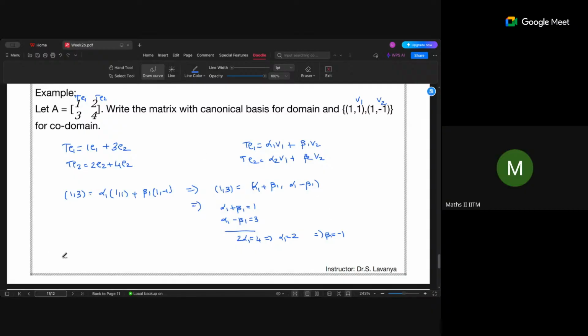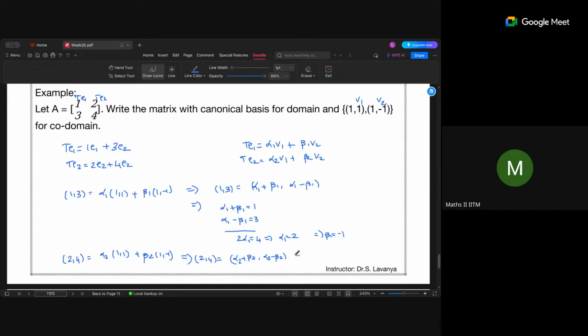Now the same way, how do you compute alpha 2 and beta 2? T(E2) is now (2,4). So (2,4) is alpha 2 times (1,1) plus beta 2 times (1,-1), giving (alpha 2 plus beta 2, alpha 2 minus beta 2).